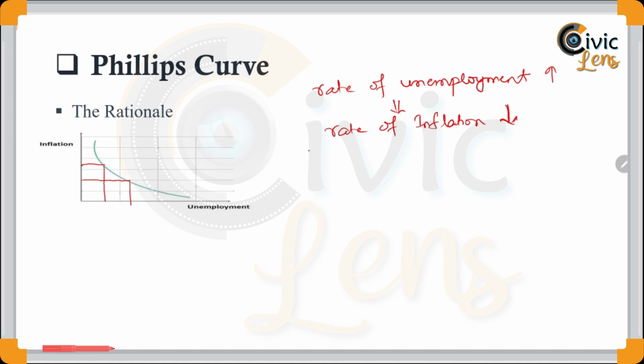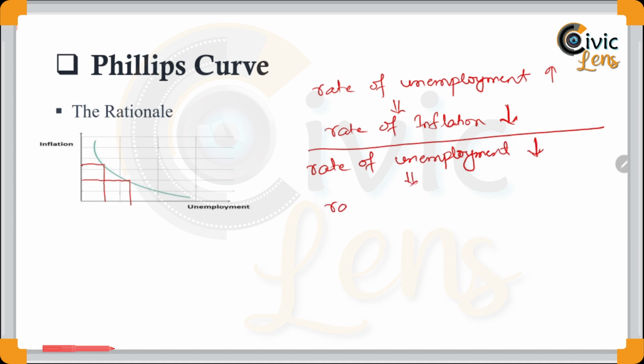So it can be said the other way around also. When the rate of unemployment decreases, the rate of inflation will increase. Now let's see why this will happen.